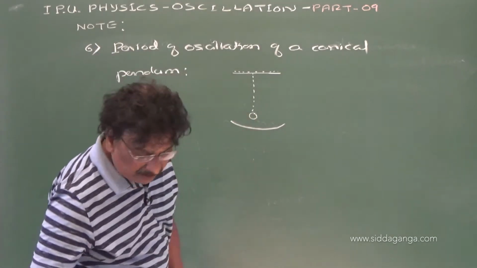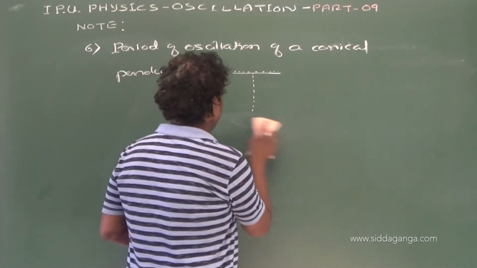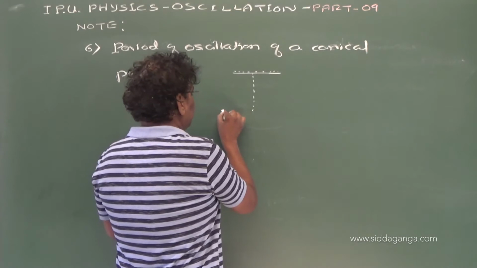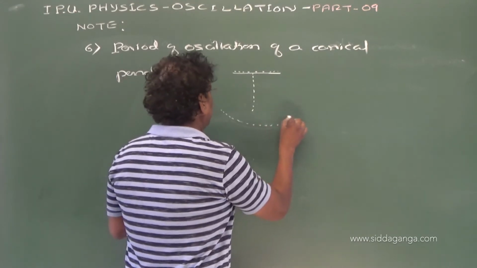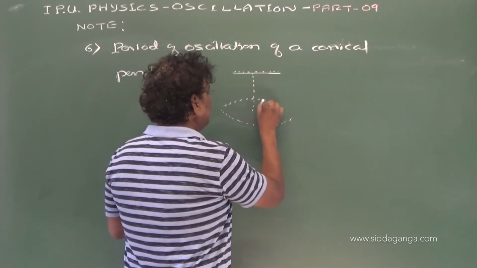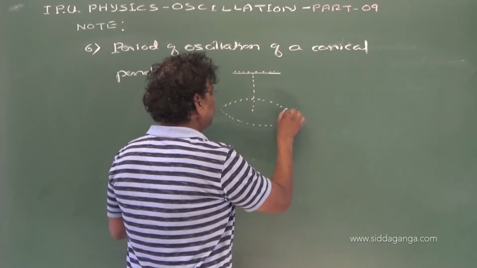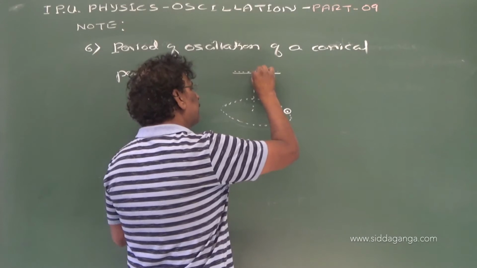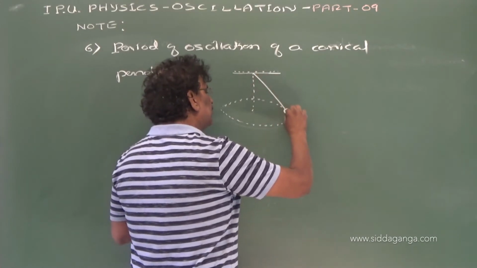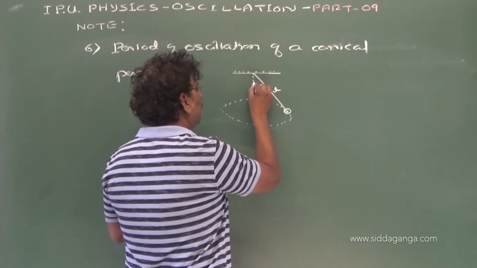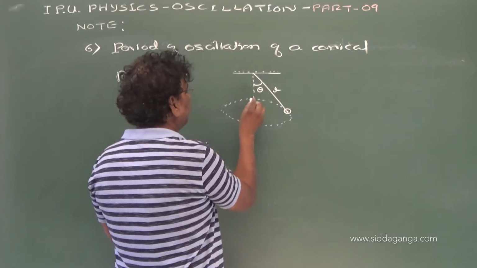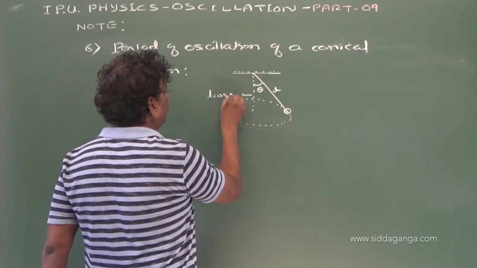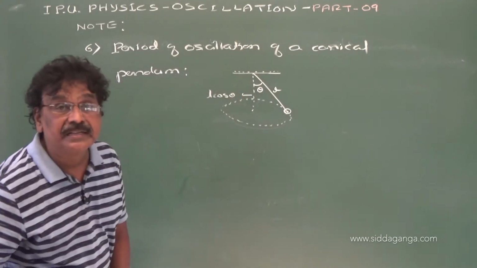So if it is a conical pendulum, then this bob executes a circular path. This is the bob, this is the length of the string, this is the angle theta, and the effective length becomes L cos theta.